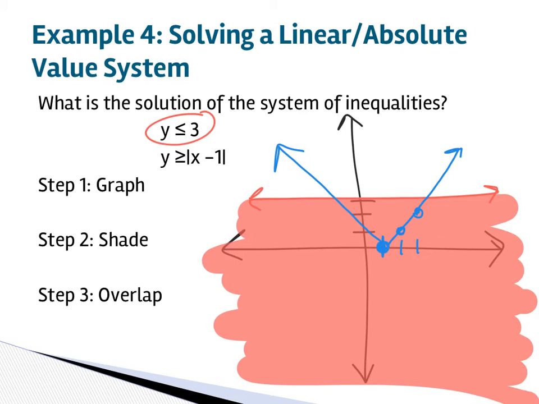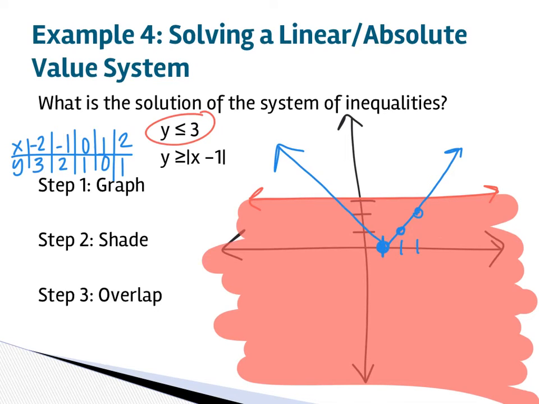If you had wanted to make a table, you could and just do the XY table and choose some X's, -2, -1, 0, 1, and 2, and plug them in to find your Y's. But you're going to get 3, 2, 1, 0, and 1, and you can graph those points and you're going to get the same graph.